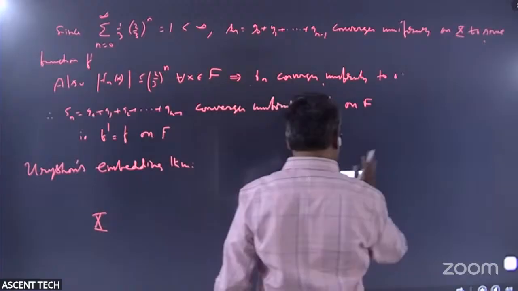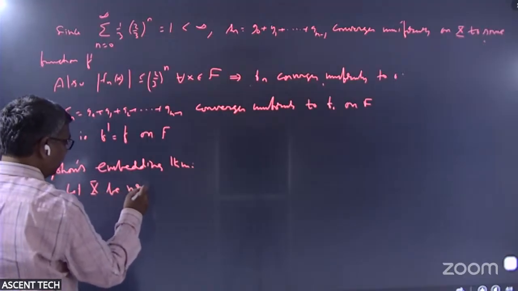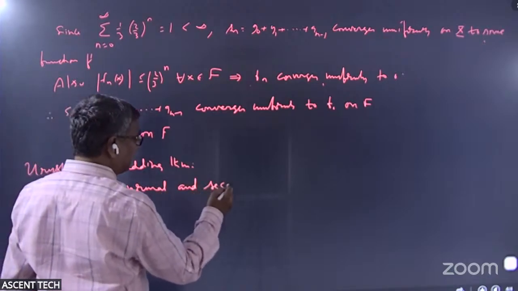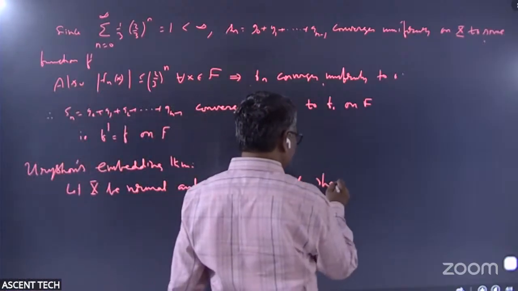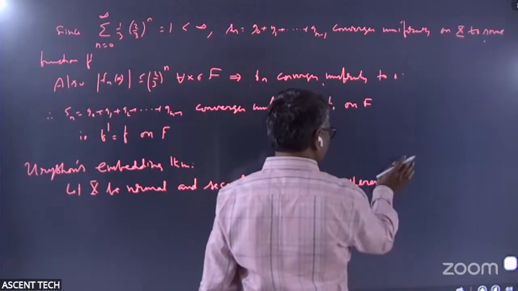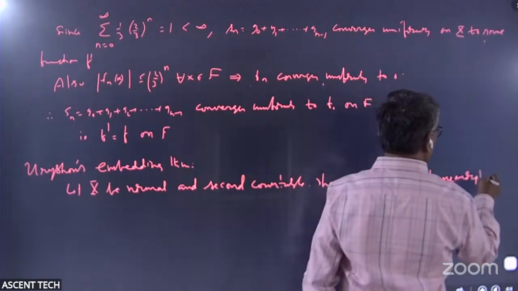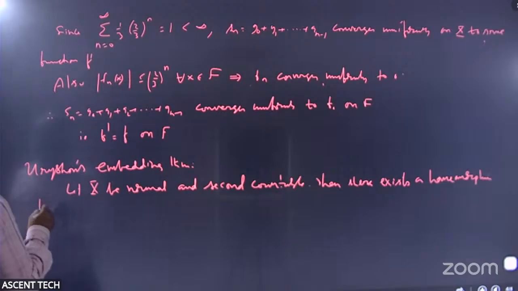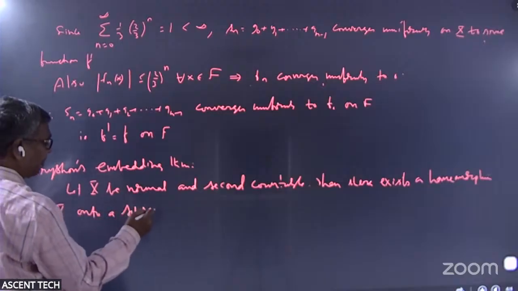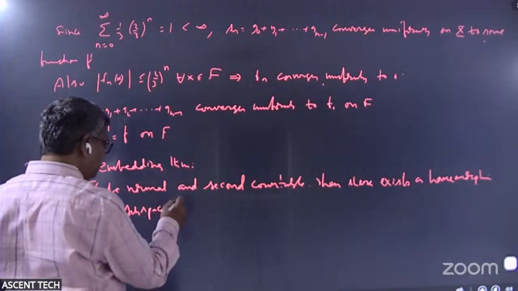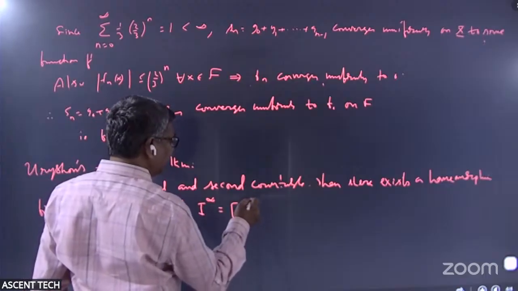If you restrict yourself to that subset, X is homeomorphic to that subset, which is a metric space. This is what I would like to do. I'll state the result. Let X be normal and second countable. Then there exists a homeomorphism from X onto a subspace of I power infinity, that is 0 to 1, infinitely many copies.